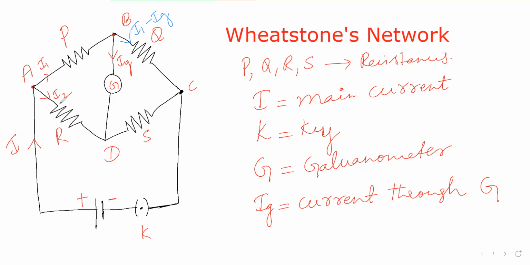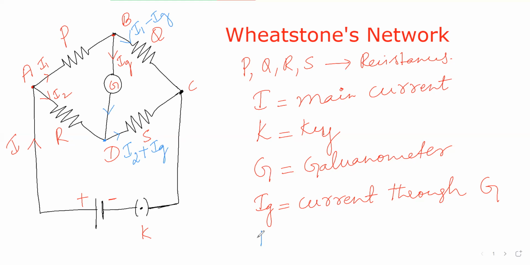And I2 is the other current which is passing through the resistance R, and IG is the current which is passing through the galvanometer, and the same current will come and meet at the point D, where I2 and IG will meet, and after that they will pass through resistance S, that will be taken as I2 plus IG.